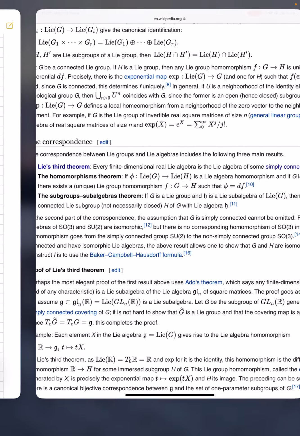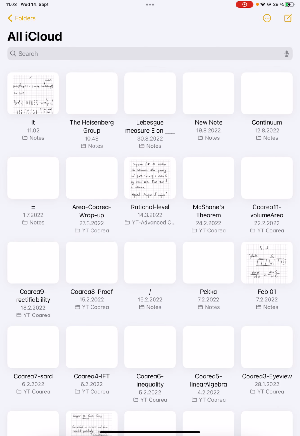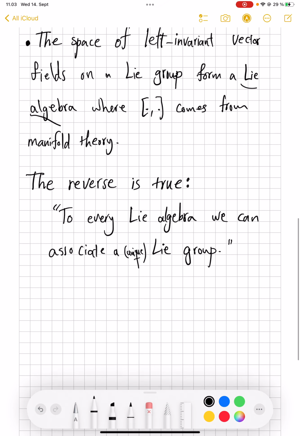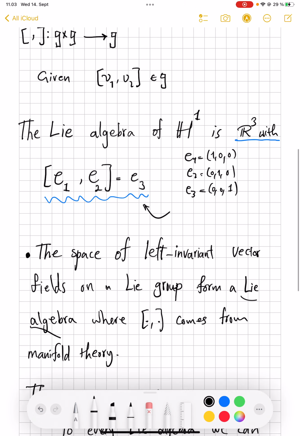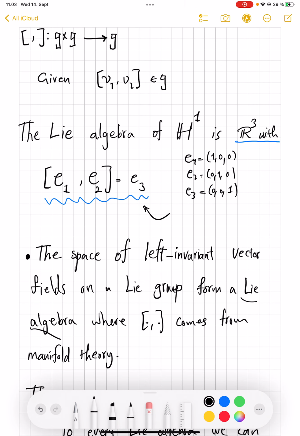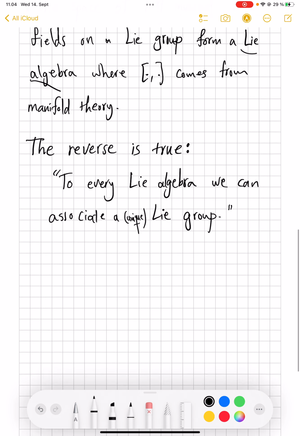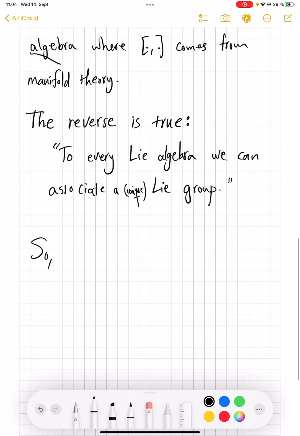So we are one step closer to finding our H1. We started with this artificial Lie algebra here, and now we know there is some group, which I already denote by H1. It's going to be our Heisenberg group.